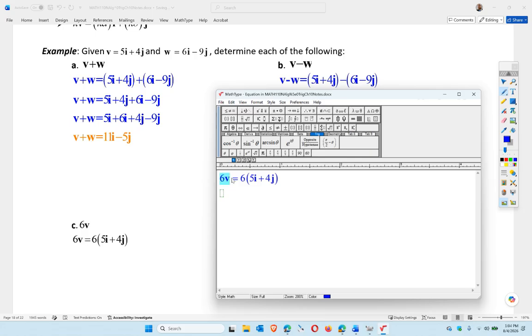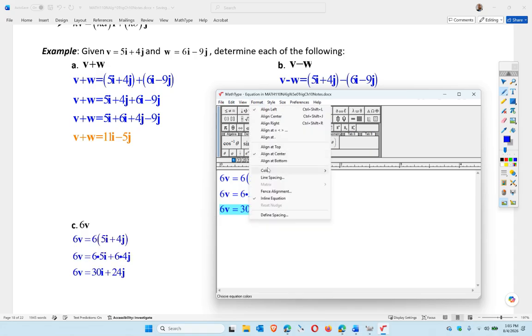So I get equals this. Copy, paste. So this is 6 times this, and then 6 times this. So a final answer of 30 here, and 24 here.